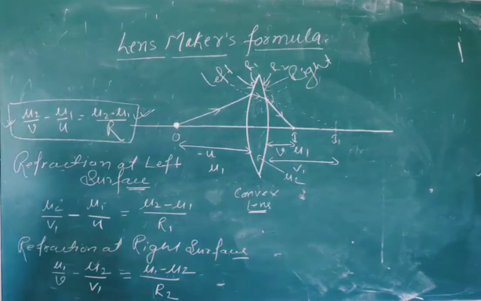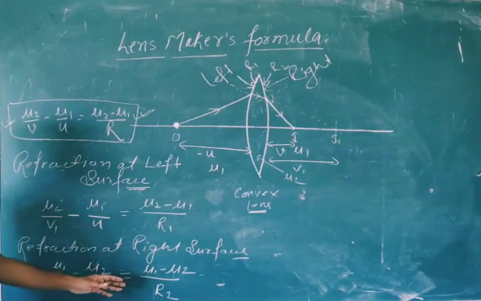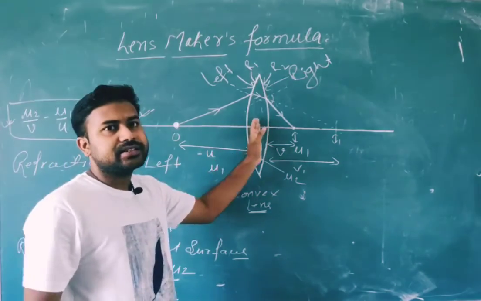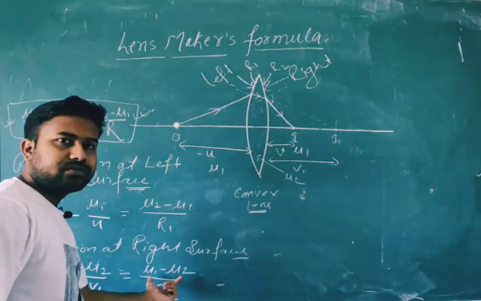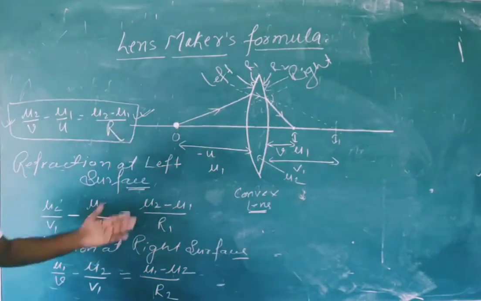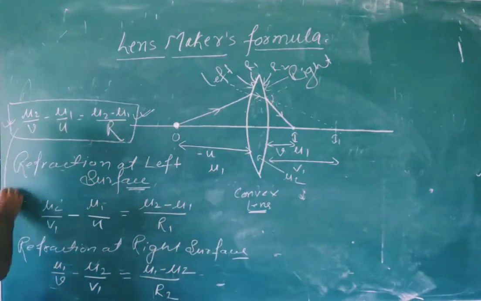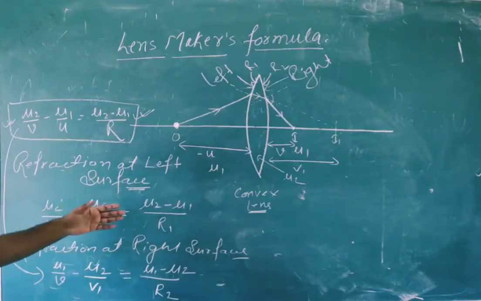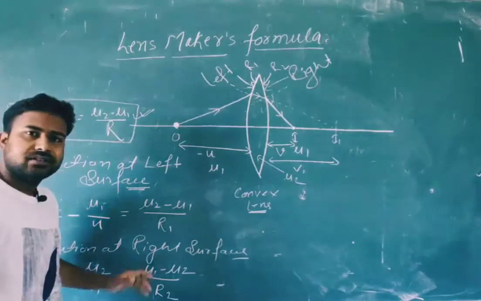Look at this, students. Why am I doing this? Because here the refraction is happening between rare to denser, and here it's denser to rare. Similarly, I use all the same concepts. I am not writing it all again, but after putting the values of u and v, you will get the same equation.